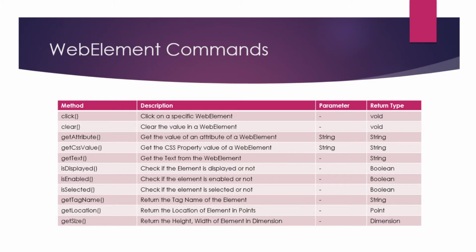Moving on to the next method, which is isDisplayed. As the name suggests, this method helps us find if the element is displayed on the UI or the web page or not. This method accepts no parameter and returns a boolean value, that means it will return a true or a false.